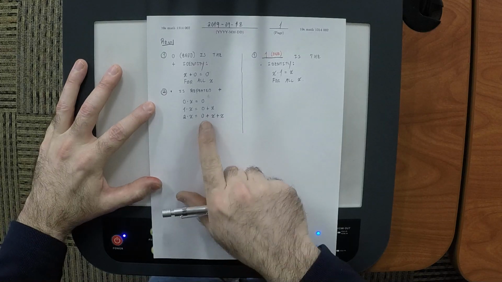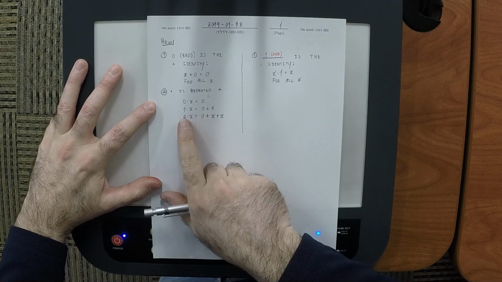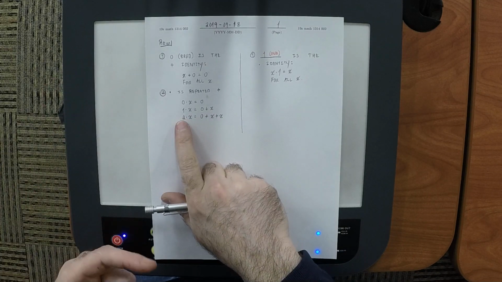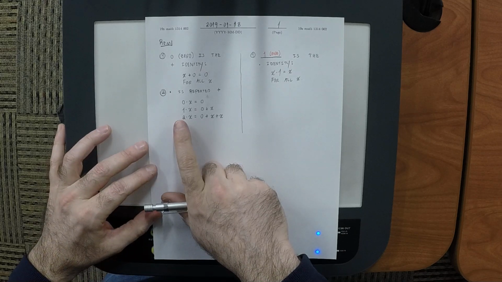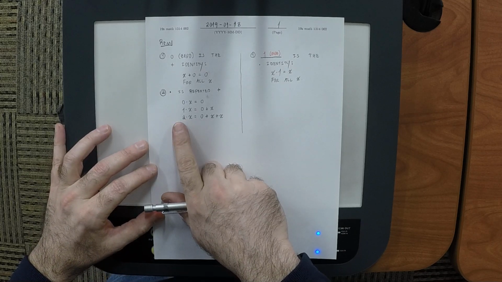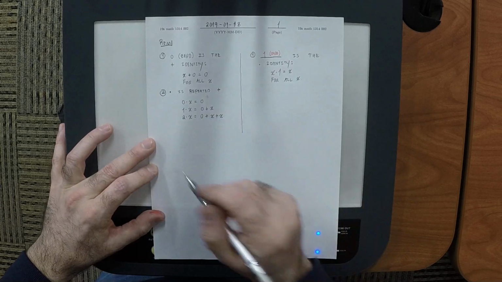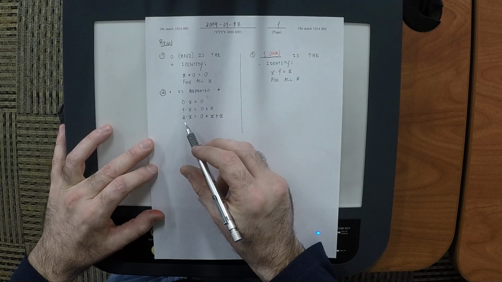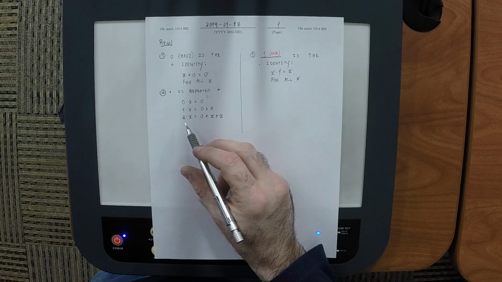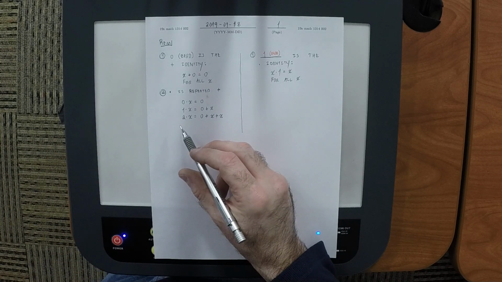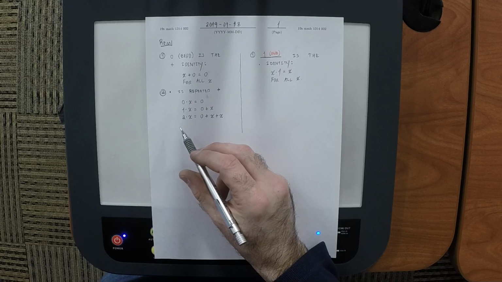So generally speaking, the pattern is that the digit in front is a natural number. To do it, you take a 0 and that many copies of x and then add them all together. So if this was a 22, you'd take a 0 and 22 copies of x and then add them all together. That's what you do.